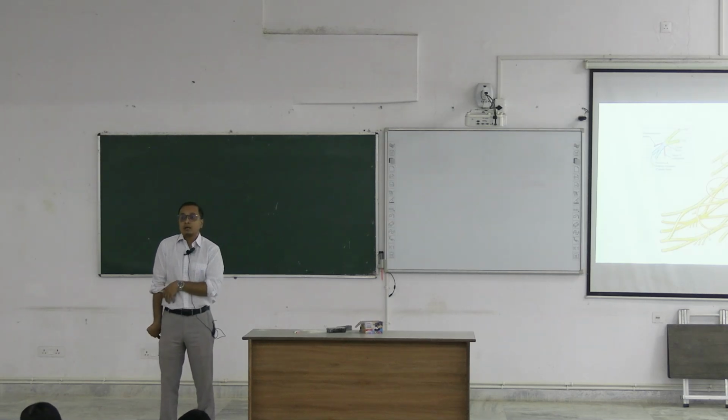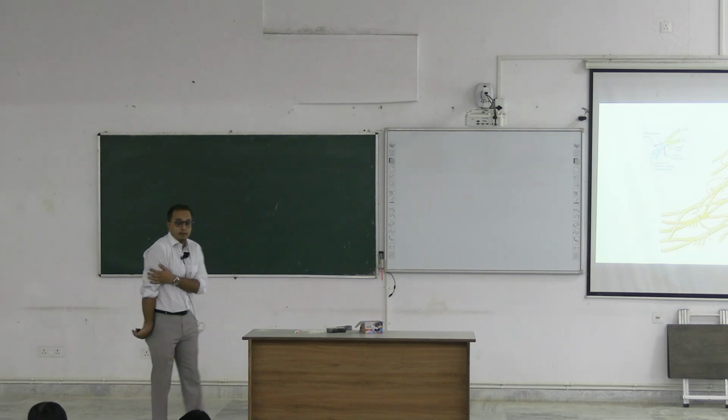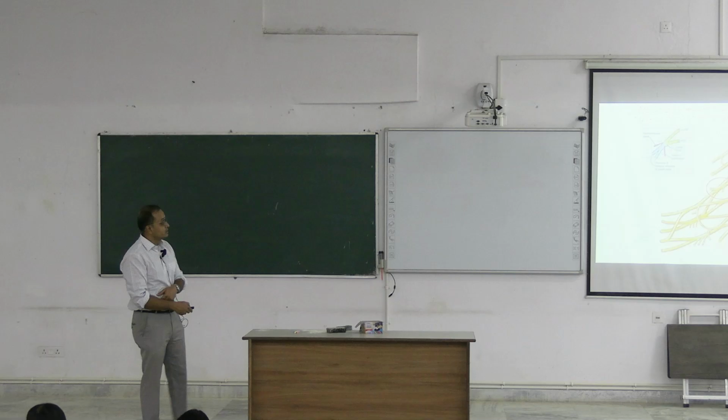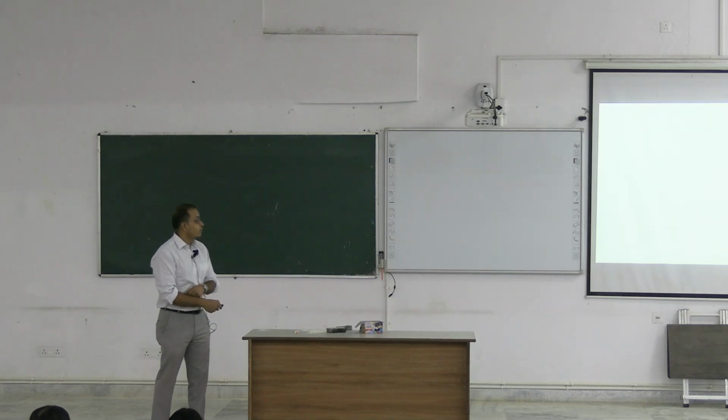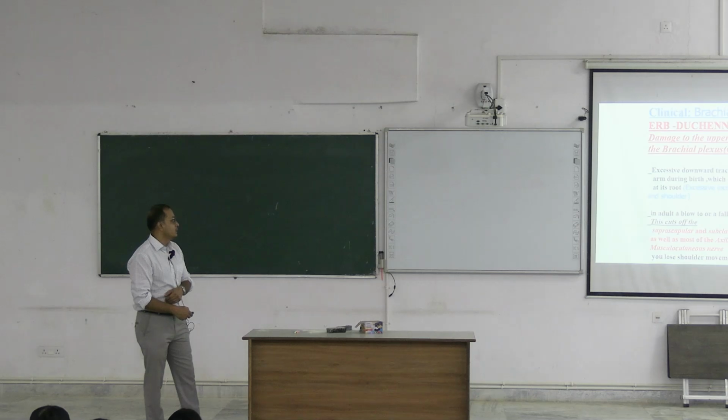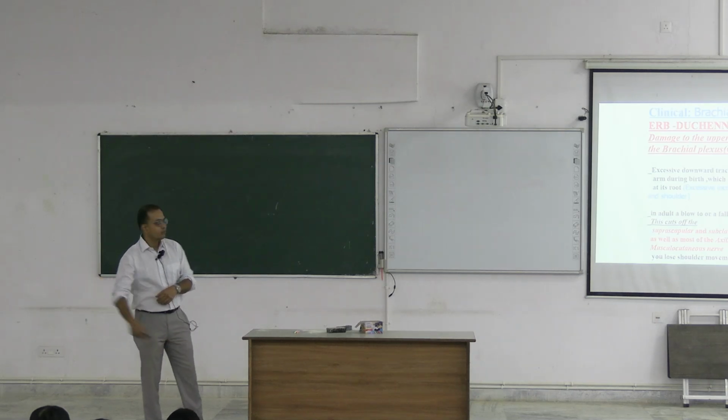So this extended arm will be close to the body, medially rotated, and it will appear as if giving some kind of tip. These positions we call Erb-Duchenne palsy. Now what we have to understand is what problem we have if these nerves are ripped off.